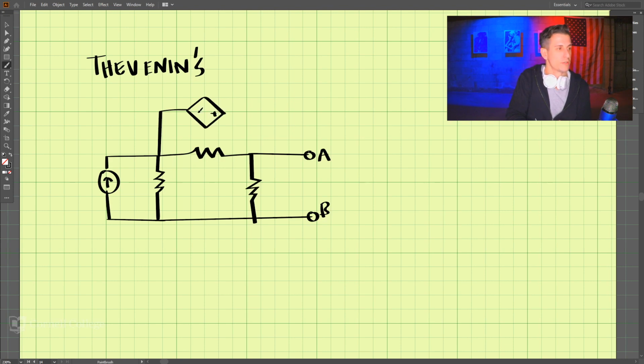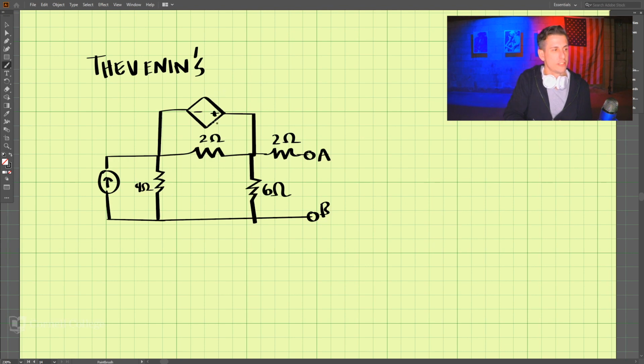And with that, this is going to be 2 ohms here. This one is 6 ohms. I forgot another resistor here. There is a resistor here that is 2 ohms. And a resistor here that is 4 ohms.